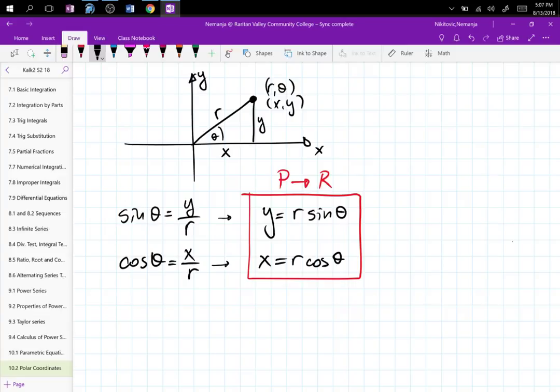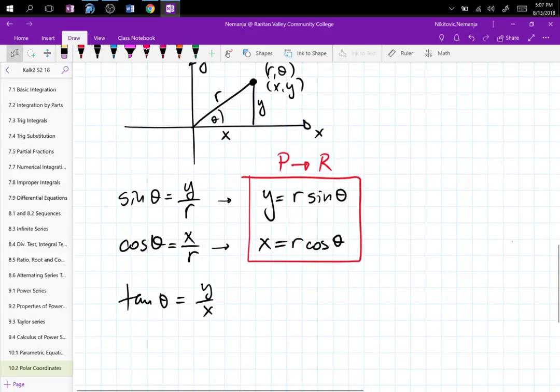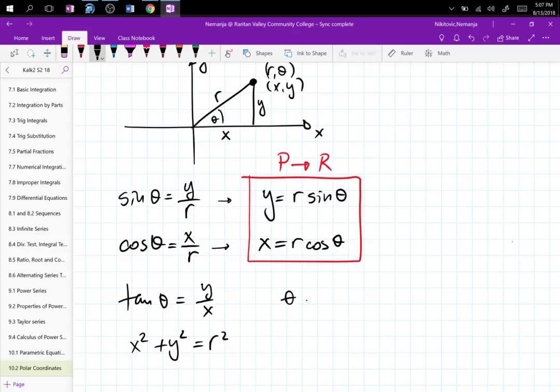Now for tangent theta, we have y over x, and we also have the Pythagorean theorem, which says x squared plus y squared equals r squared. Now these equations will give you that theta is equal to inverse tangent of y over x, and that r is equal to the square root of x squared plus y squared.